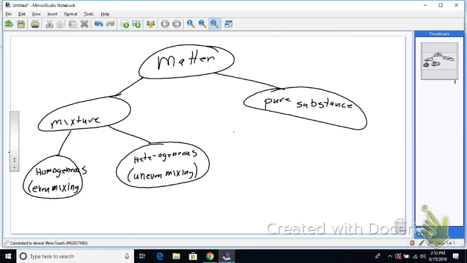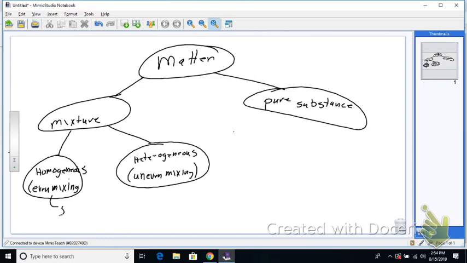Do you remember what the other name for homogeneous mixtures would be? There's another name we use in chemistry a lot. It's a combination of two substances that are mixed together so that it's hard to differentiate between the two. Remember what that's called?